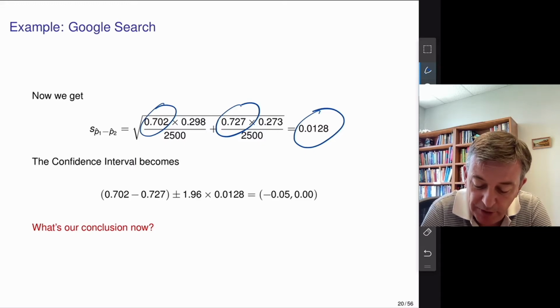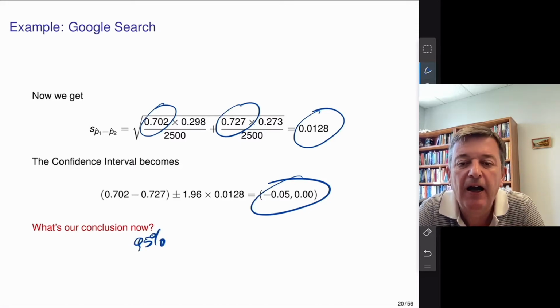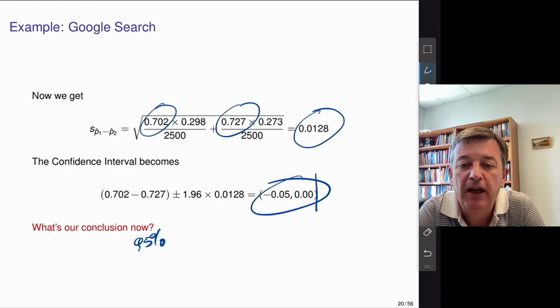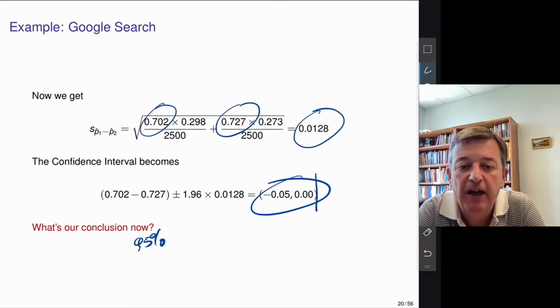Now, if I do my confidence interval, remember this is for the difference, and it's at the 95% level. I just can't decide that algorithm 2 is better than algorithm 1. It's right on that boundary of 0. If both numbers were negative, then algorithm 2 would be better than algorithm 1 at the 95% confidence level.